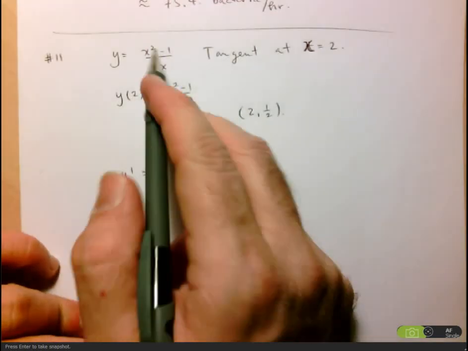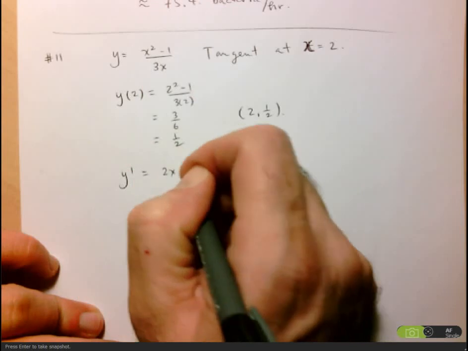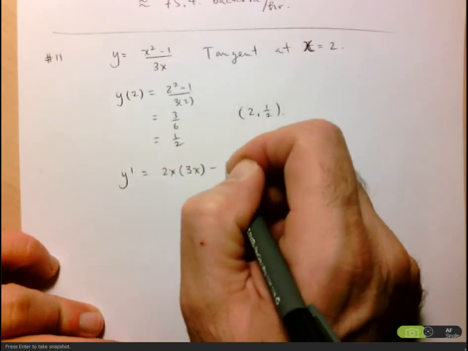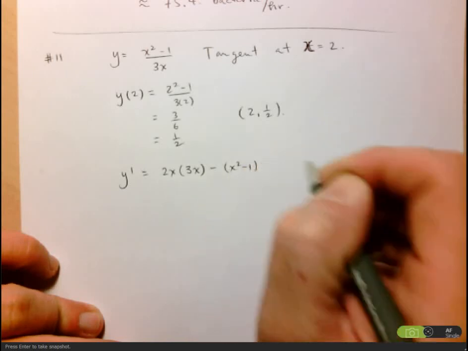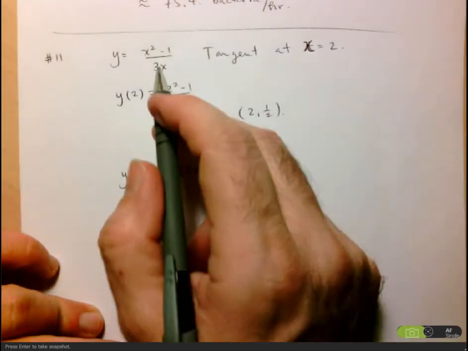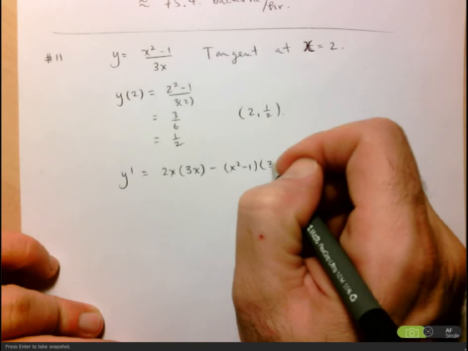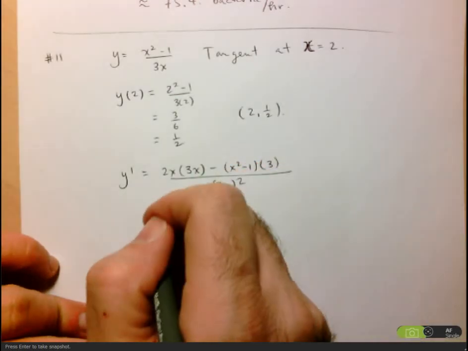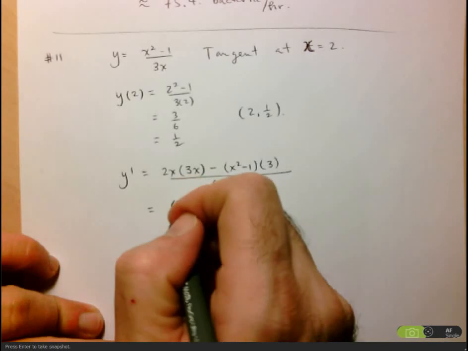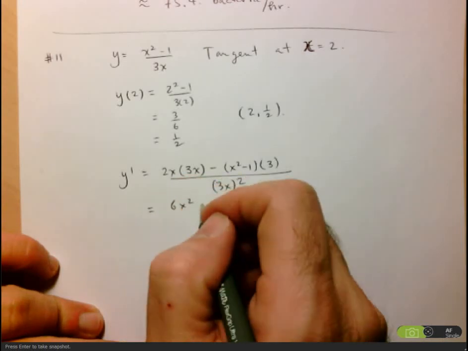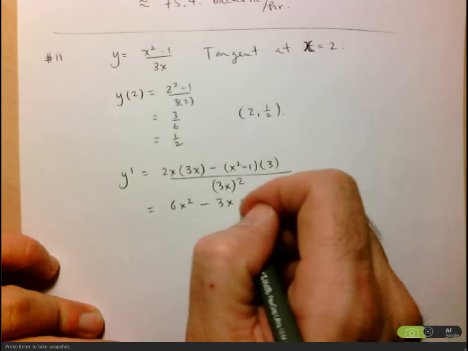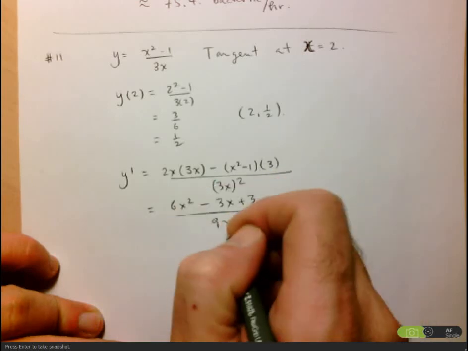So we've got the derivative of the numerator, which is 2x, times the denominator function, 3x, minus the numerator function, x squared minus 1, times the derivative of the denominator, which is 3, and all of that over (3x) squared. So we'll simplify here. We've got 6x squared, and here we've got minus 3x squared and plus 3, all over 9x squared.